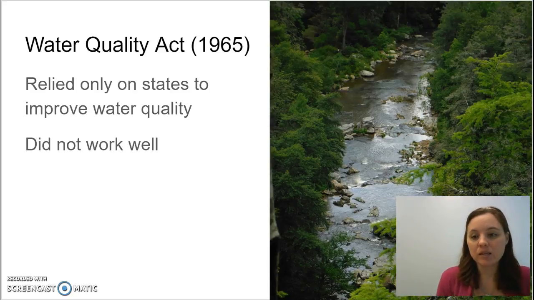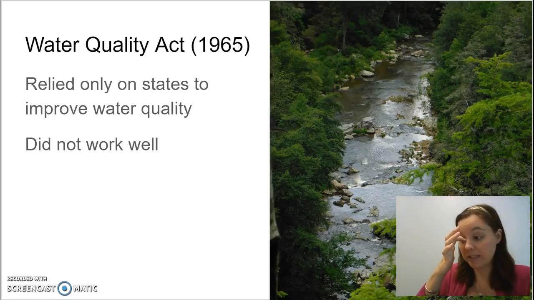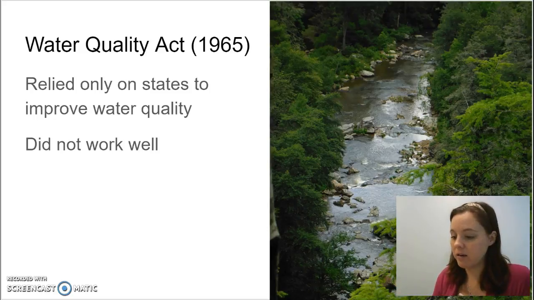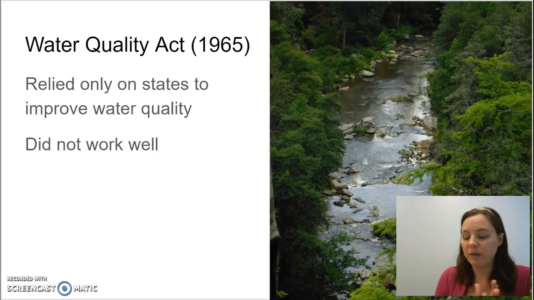Less than 10% of municipal sewage treatment plants did anything other than filtering out the solids. So there was no removing of nitrogen or phosphorus, and no disinfection, and then they just put it straight back in the waterway. Less than 33% of industrial facilities, like factories and power plants, treated their waste before they emptied their wastewater directly into a body of water.